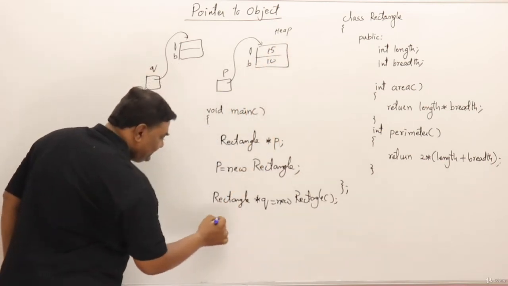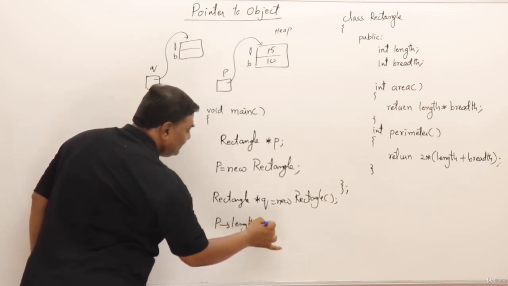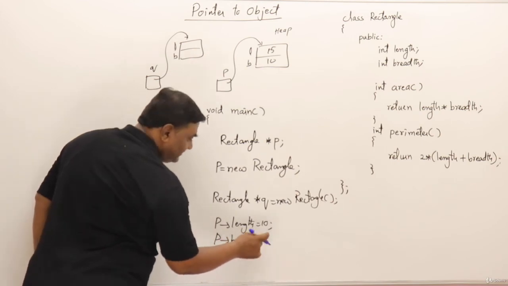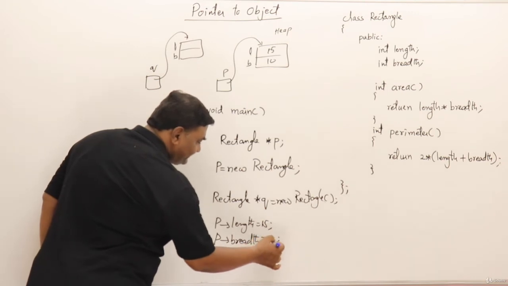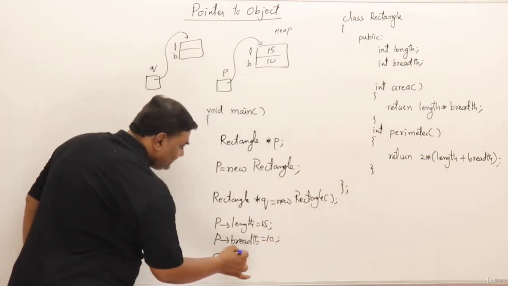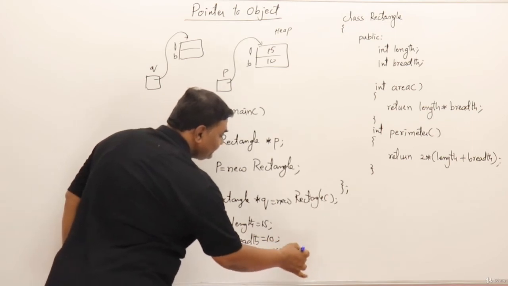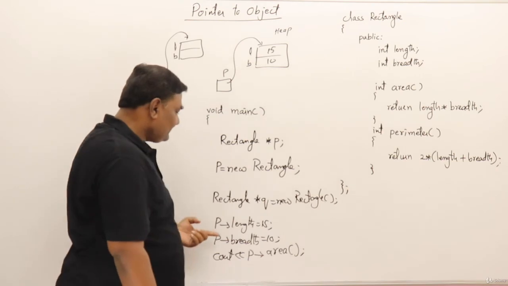Then I can say P's length assign 15, P's breadth assign 10. Then cout P's area. So I get the area function. The area function will be called upon this P and I get the result.